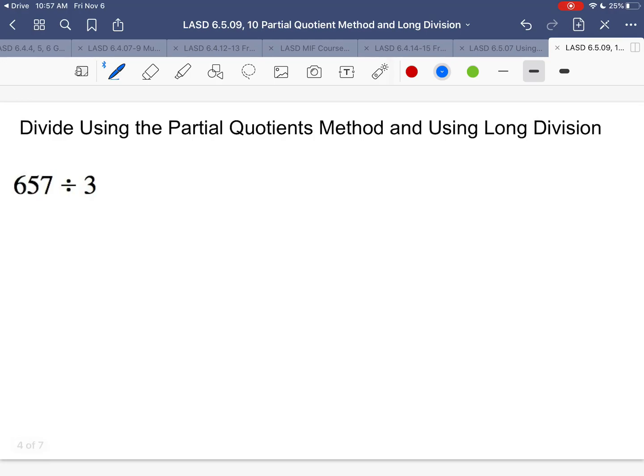So let's divide 657 by 3 using partial quotients first and then long division. So 657, I leave some room above and below. So 3 times 200 would give me 600. So that leaves me with 57. I'd like to say 3 times 20 is 60, but that's too much.